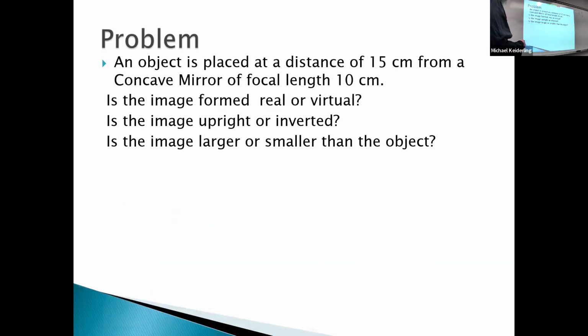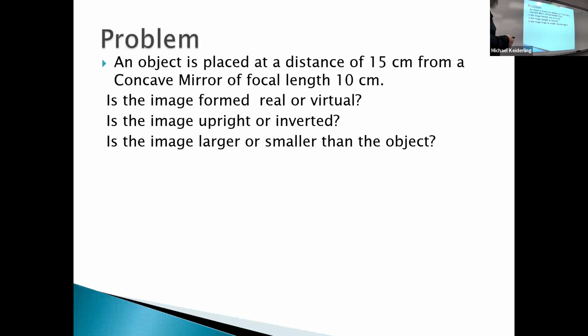Here we have an object 15 centimeters from a concave mirror with a focal length of 10 centimeters. Here, the focal length is 10 centimeters, therefore the center of curvature is at 20 centimeters. So we're in between the focal length and the center of curvature.